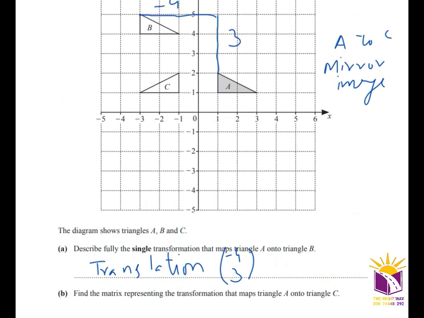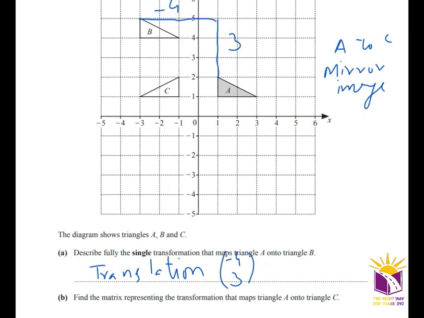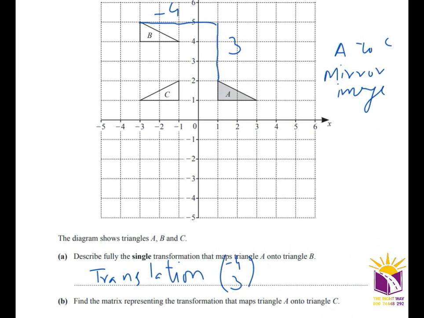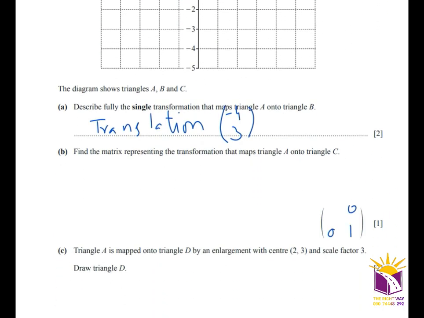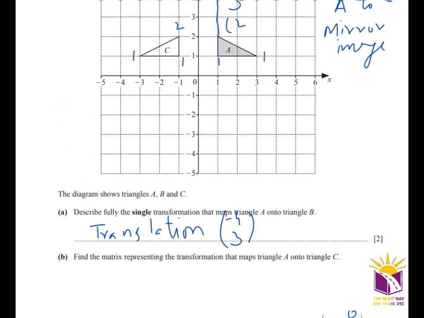I can see that my y-coordinates remain the same. Checking the y-axis: 2 remains 2, 1, 1, 1, 1. So y is the same, and for y I am going to write 1.